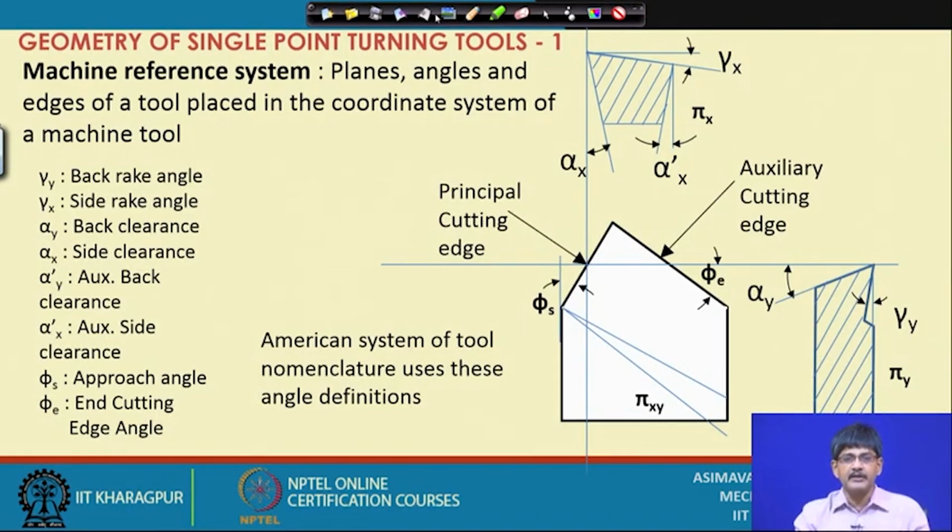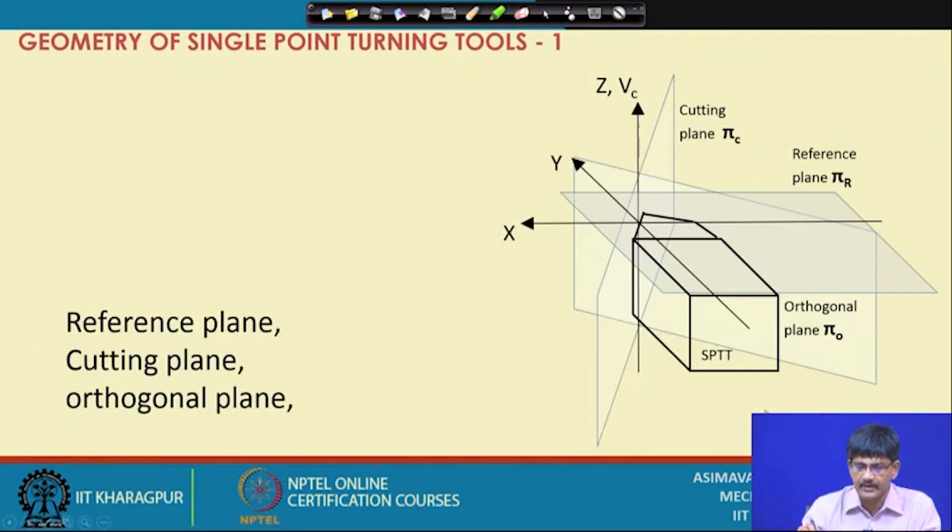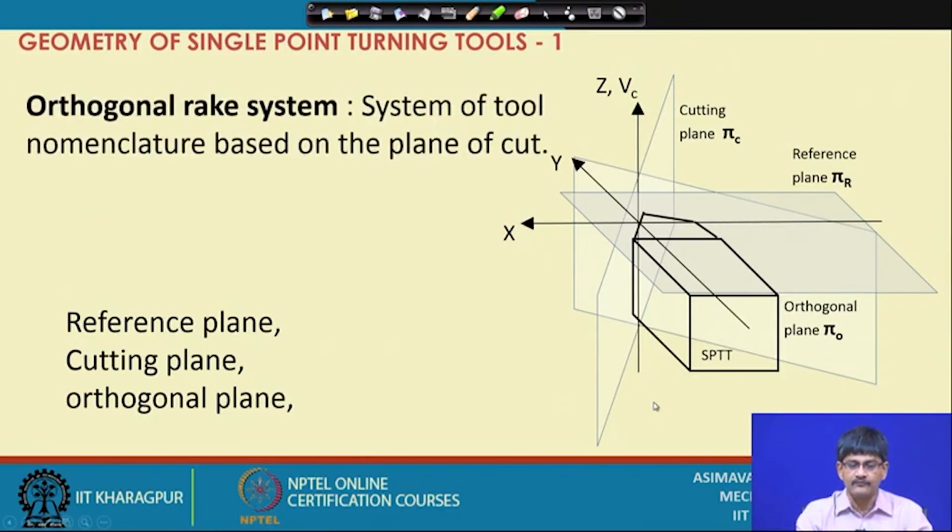So, the American system is not the only system. There are other systems which have been formalized, and let us have a quick look at those. Another one is where the cutting edge forms the basis of the definition of the geometries, that means the angles and the edges, etc. So, whenever we have a cutting edge or rather cutting plane based system, we call it the orthogonal rake system.